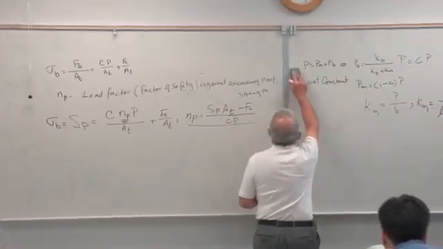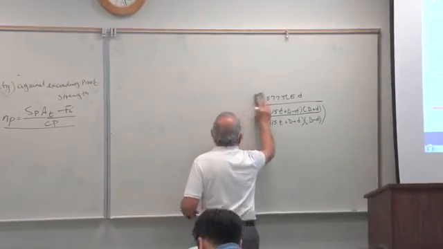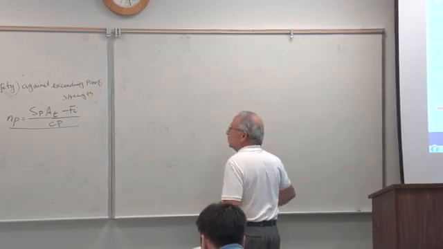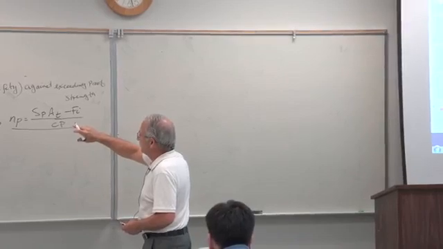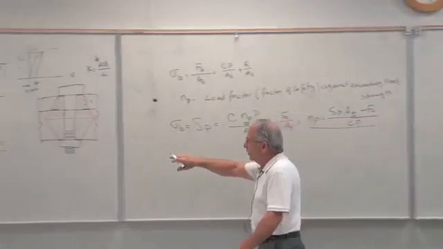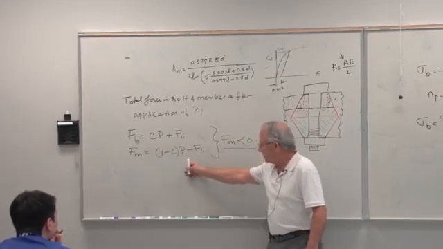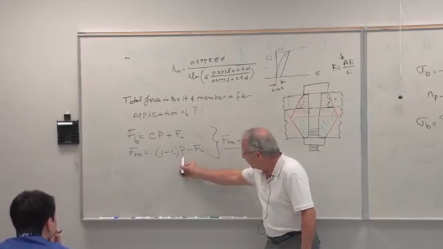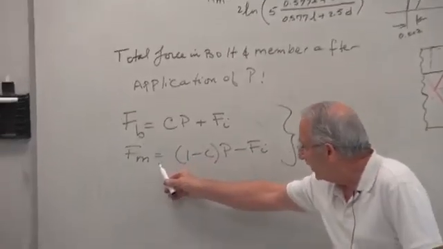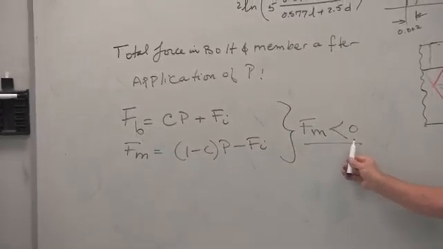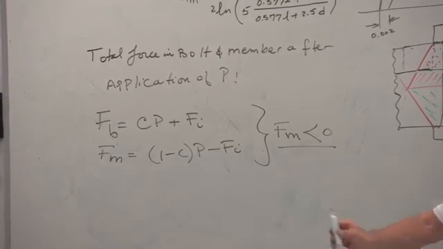The next factor of safety is that of joint separation. Once again, we go to the member, we say, the force in the member is this. By what factor can I increase the externally applied load before Fm goes to 0? That's called joint separation.